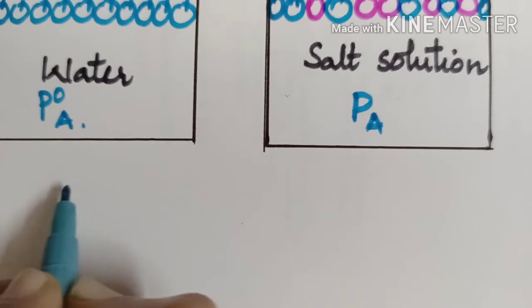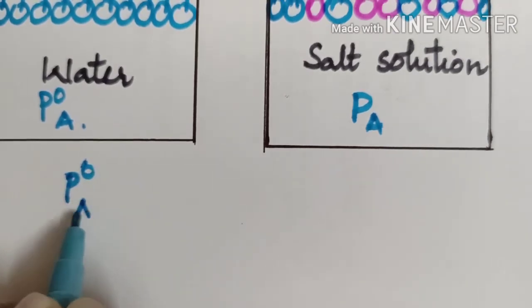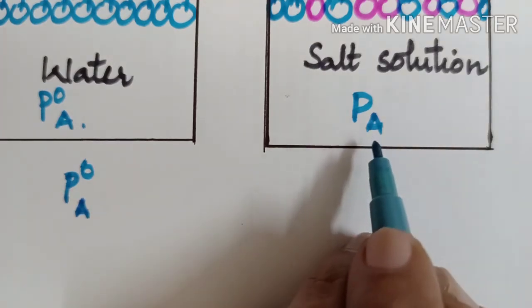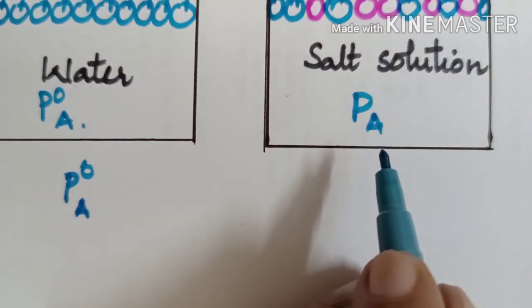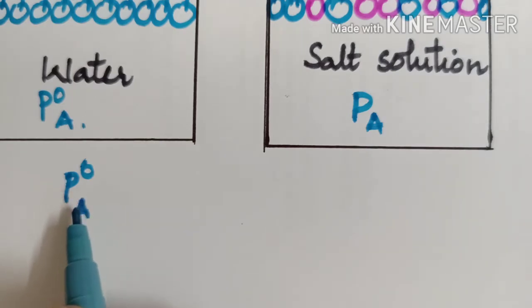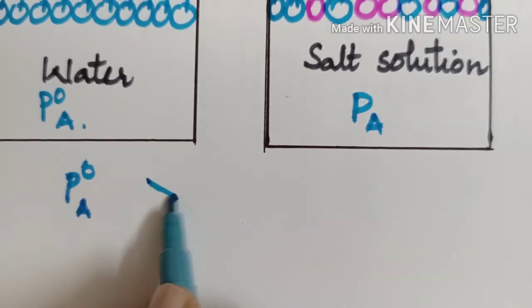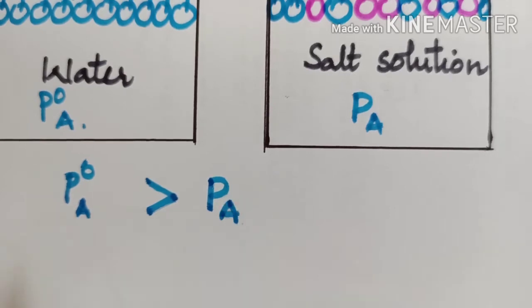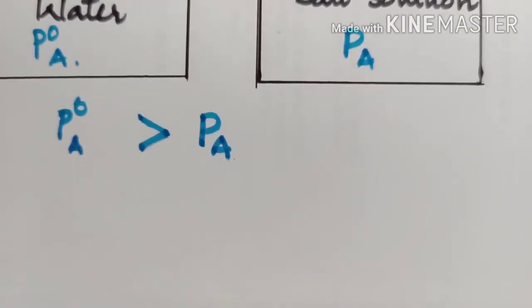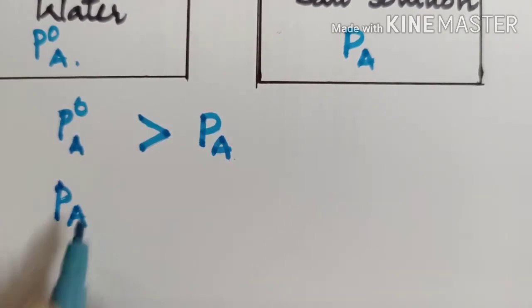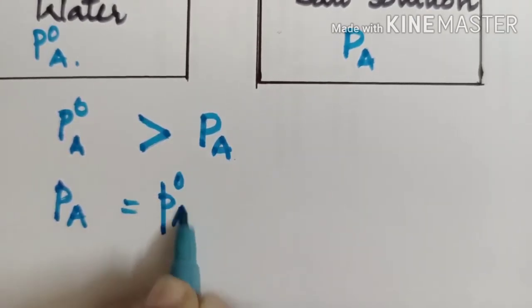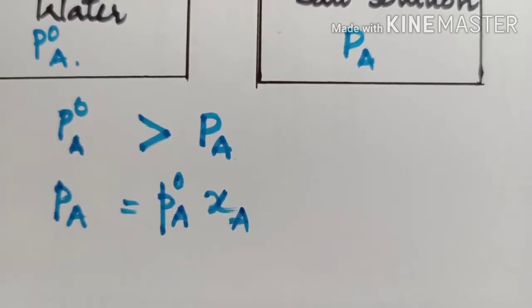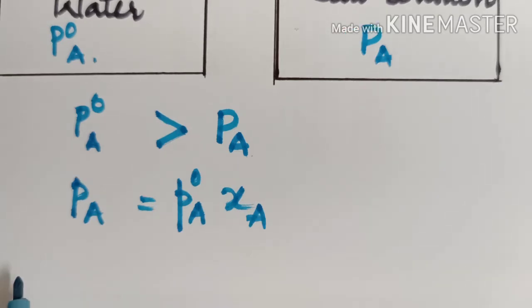Now that we have understood that P0A is the vapor pressure of the pure solvent and PA is the pressure of the solution, you find that P0A is always greater than PA. Also, for solutions, you have learned that Raoult's law is applicable and PA can be written as P0A into XA. What is the change happening when a non-volatile solute is added?